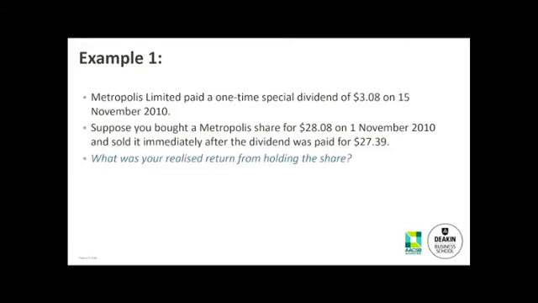The company paid a one-time special dividend of 3.08 on 15th of November. Now, some of you, when you do your assignment 2 and download the dividend history of your selected company, you may realize our companies may pay special dividends. And then some of you may ask me, hey Robert, if they pay special dividends, what should we do?